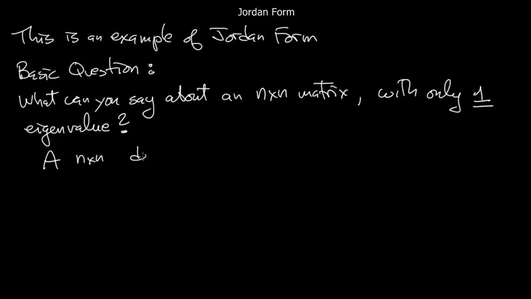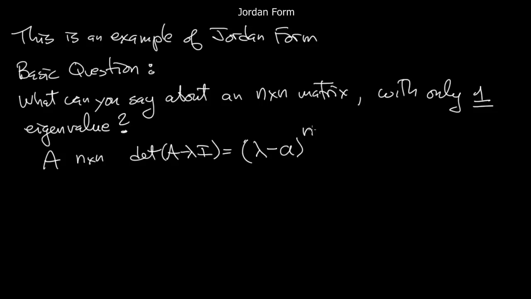So that is to say that the determinant of A minus lambda I is lambda minus a single number, A, to the n. And, well, again, it could be diagonalizable, but we've seen in these examples that it's not necessarily.